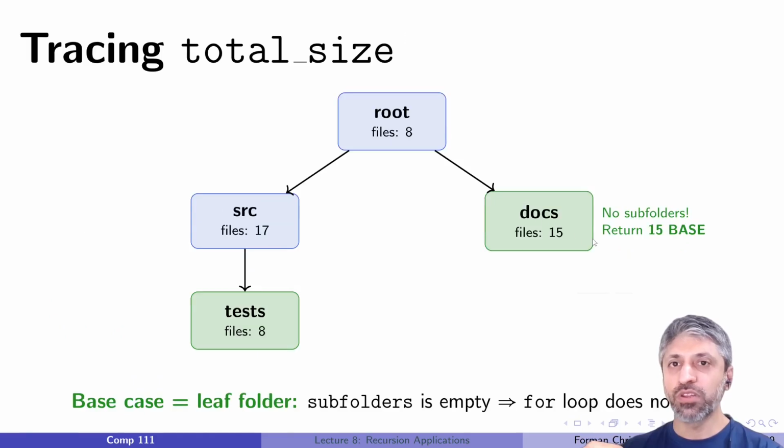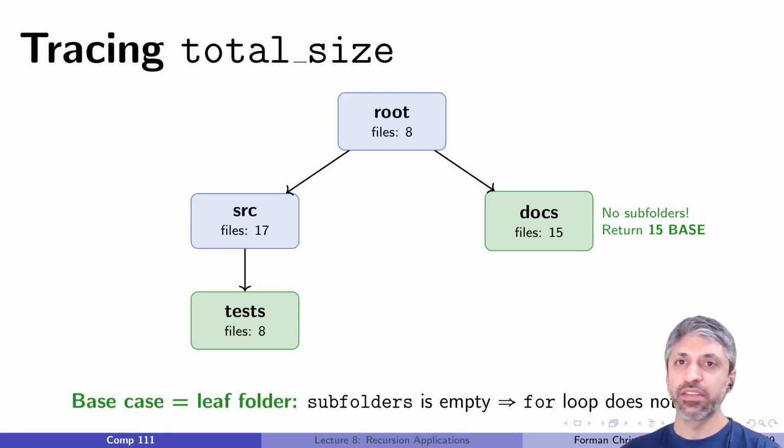And then we go to the docs. So basically, tests returns its result to src, and src returns its result to root. And then we go to the docs folder and recursively go down. But again, incidentally, it doesn't have any subfolders. So this is going to be considered the base case, returning all of its files, and then to the root, and then we add the counts of src and docs together, and we get the total number of files in the root.